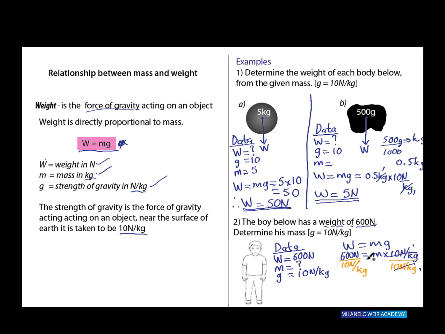Then we start with the units for newtons. We're dividing newton by newton, so they cancel out, right? From there, 0 cancels 0. This 0 cancels 1 0 there. So what do we have now? This will come out to be 60 kg.